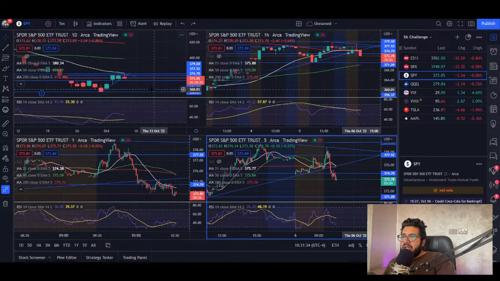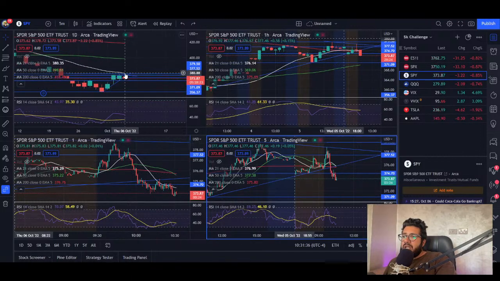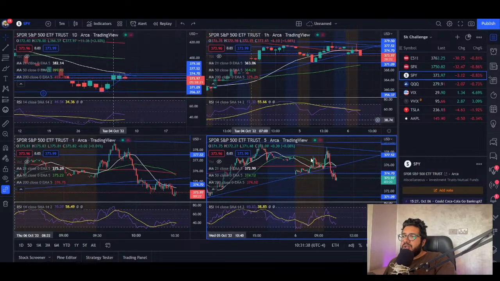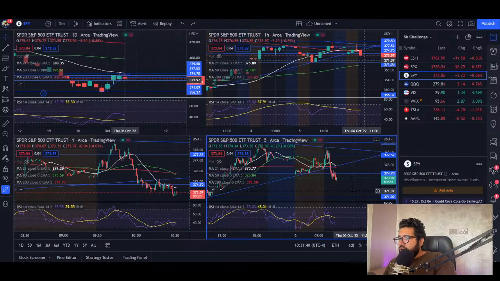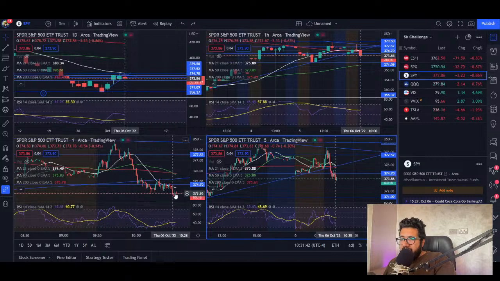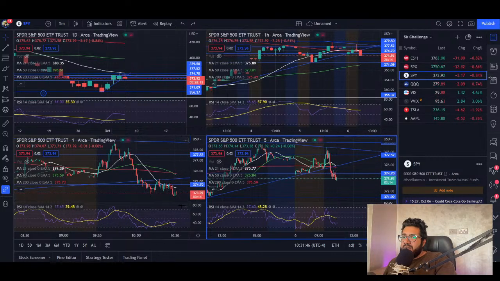And again, we see the 21 MA on the 1 day chart, again, rejection. So I would just keep an eye on the 1 minute chart, the 21 MA. As long as this does not get taken out, puts are still the play. You're going to be good keeping puts. If this gets taken out, I would just stop it here.